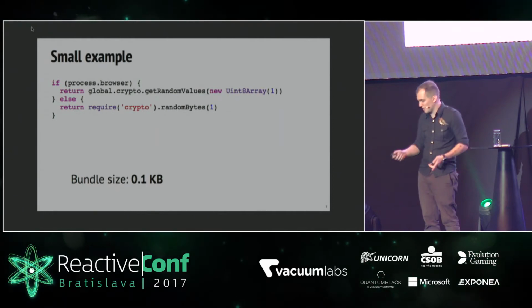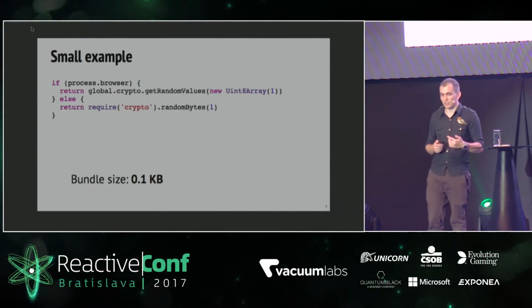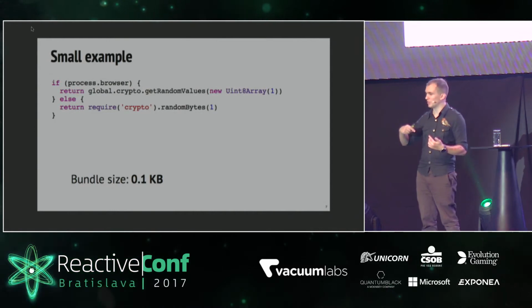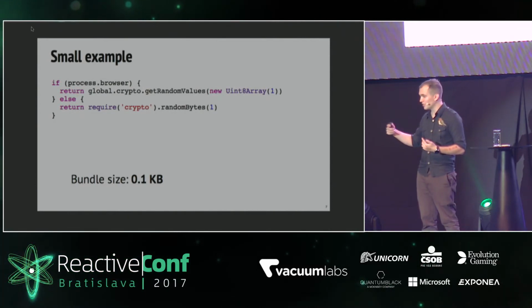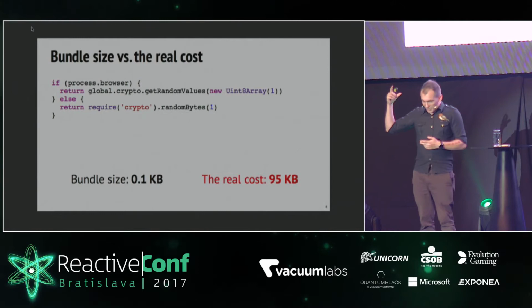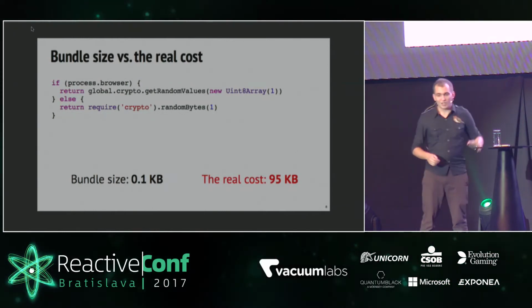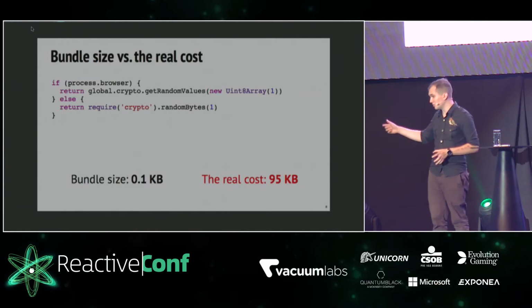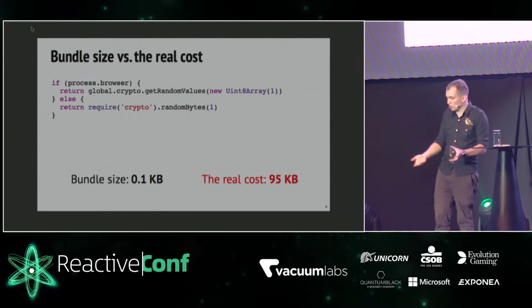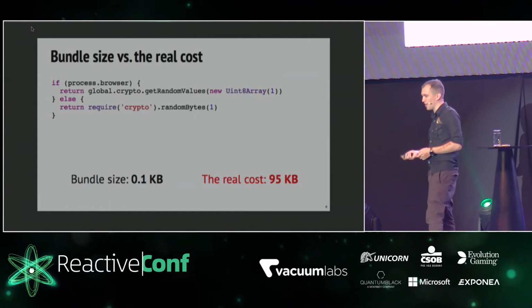It's as simple as that. Unfortunately, when somebody requires this file in their Webpack bundle, his or her Webpack bundle becomes bigger, by more than 100 kilobytes. Wow, how does it work? The reason is Webpack.